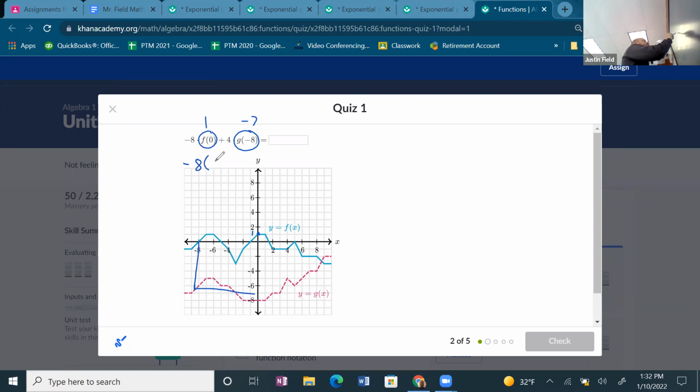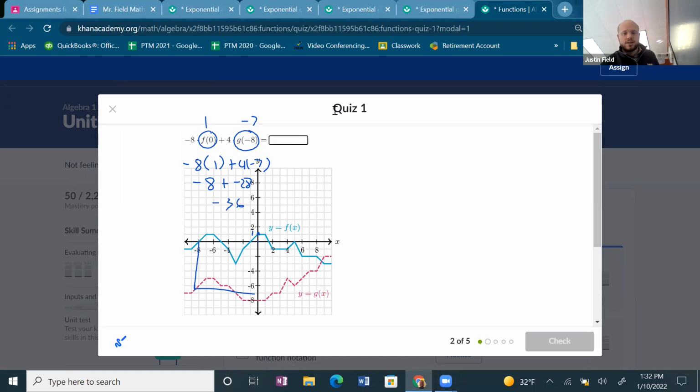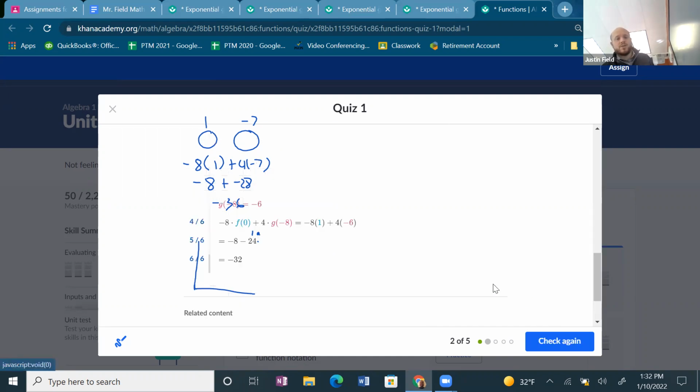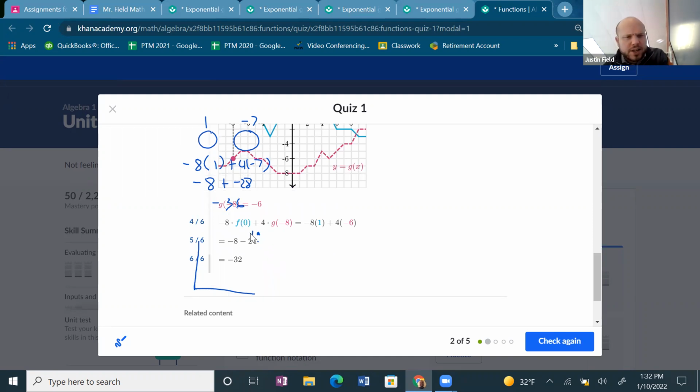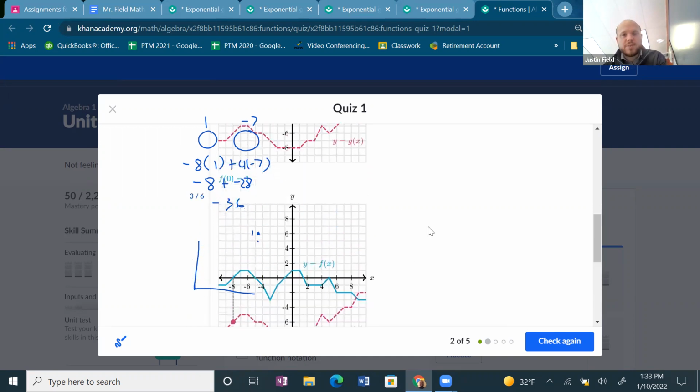So -8 times 1 plus 4 times -7 is -8 plus -28, -36. Uh-oh. -32, 24. Okay, so I get the -8 right, but it looks like it was -6, and I thought it was at -7. So not too bad.